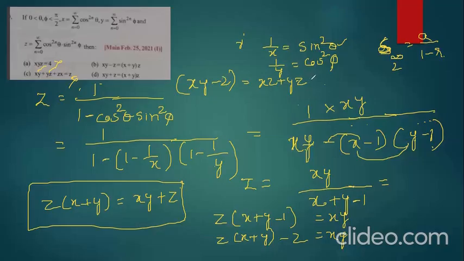So z, if you send this side, this is going to be plus z. Okay, then what do you get? xy plus z, xy plus z. So not this one. So this is going to be the option, right? Okay, correct.